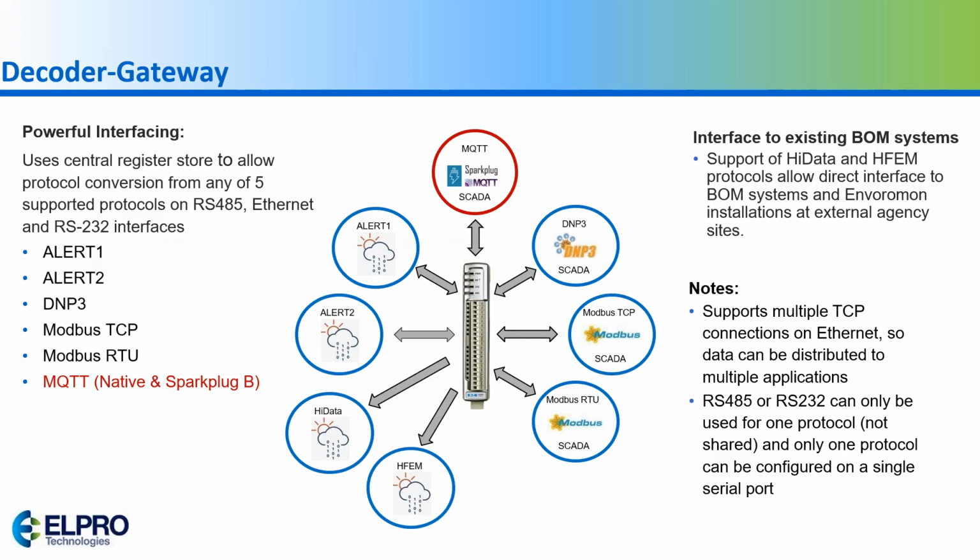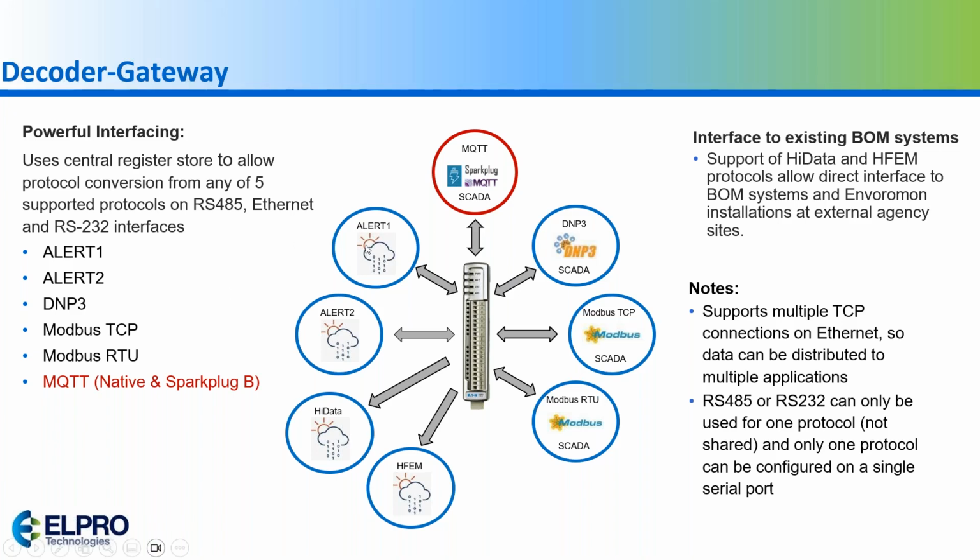So for the decoder, I'm using a 115 E2. It's within our Condor line. It doesn't have a wireless solution capability. It's just Ethernet or serial.